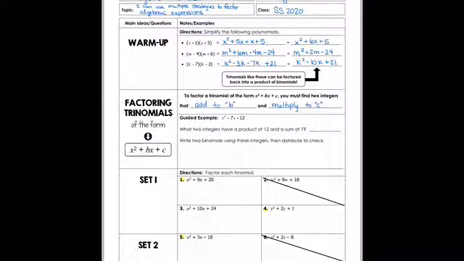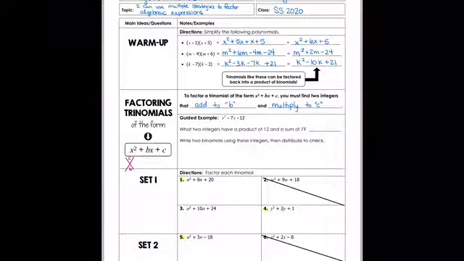By the way, this is where you learned how to use the generic rectangle and the diamond problem. So when we do these in your diamond problem, c goes on top, b goes on bottom, and we want to multiply to c and add to b.